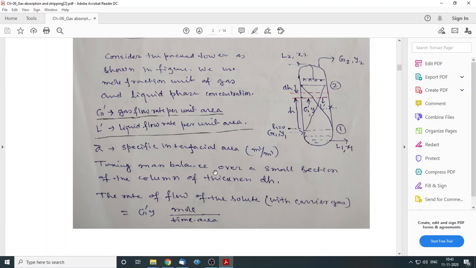Now taking the mass balance over a small section of the column, dH. So what is the entry of gas?